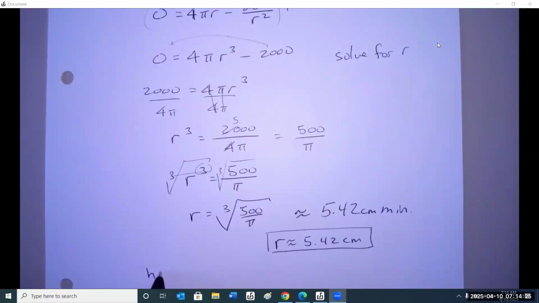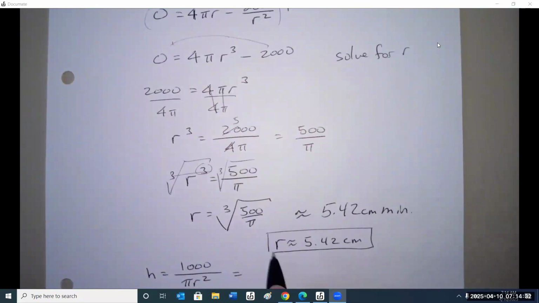And h, remember, was 1000 over pi r squared. So 1000 over pi times 5.42 squared becomes approximately 10.84 centimeters. So our height is approximately 10.84 centimeters. Those are my dimensions.